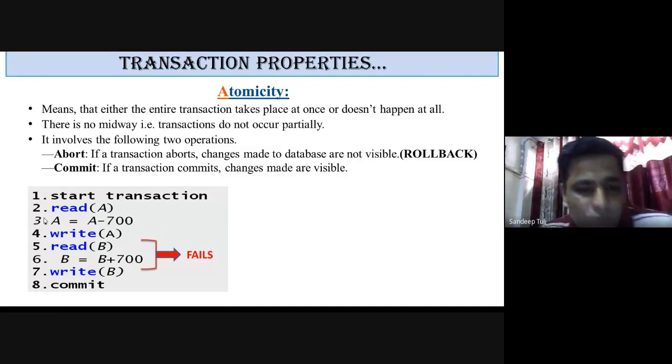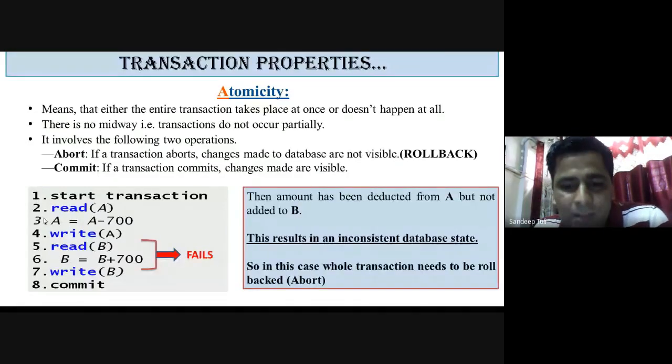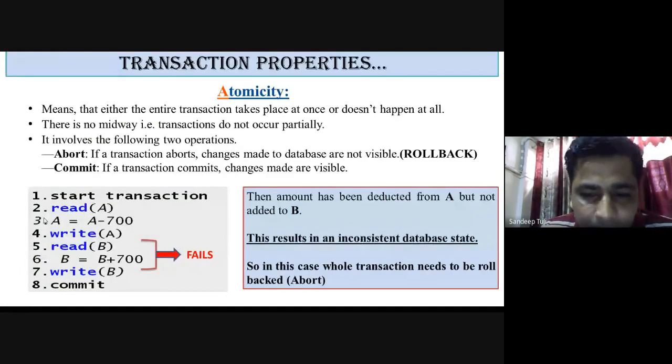Now, not going into the complex one at that point, simply suppose that it fails. Then what does it mean actually? In that case, the database will be in an inconsistent state. Right now we have not specified what needs to be done in this case.